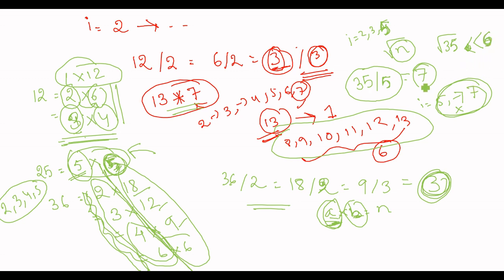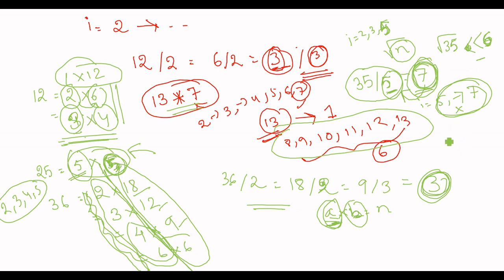So if we have reached a number less than 6, there is very little chance that a greater number will be there whose pair we haven't got yet. Obviously the 7 is there, but 7's pair, 5, we have already got. So if we are left with this 7, that means it is obviously a prime number.